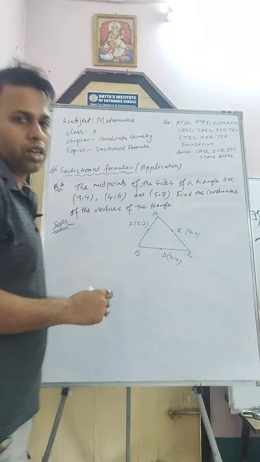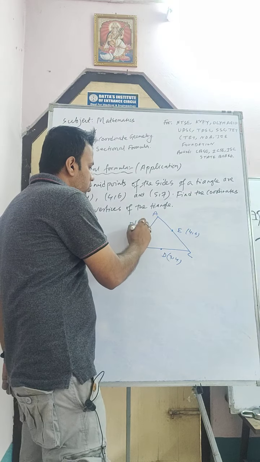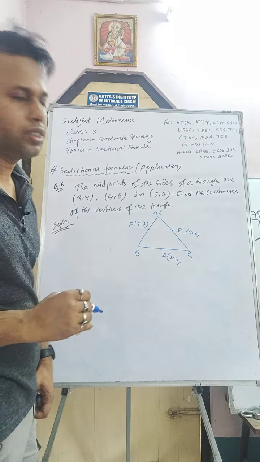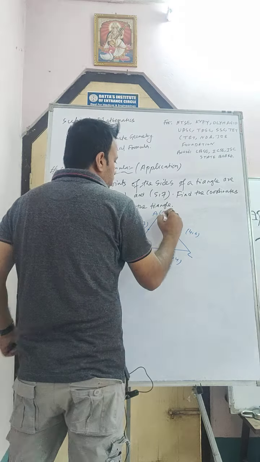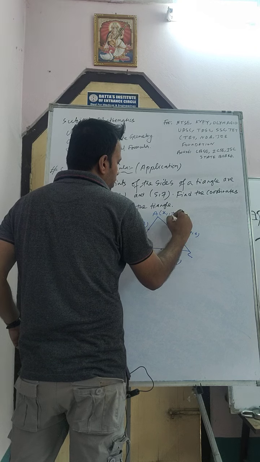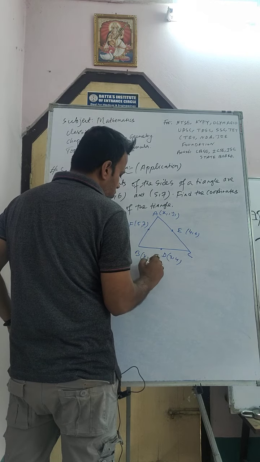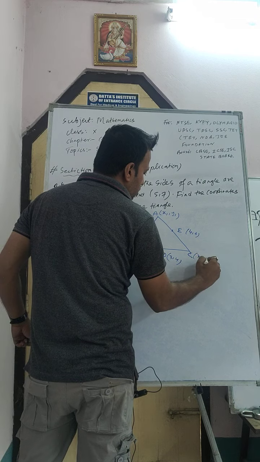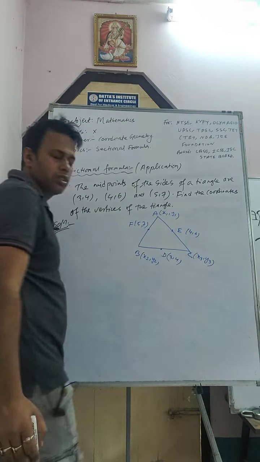Now we have to find out what A is, what B is, and what C is. So I consider vertex A is x1, y1, vertex B is x2 comma y2, and vertex C is x3 comma y3. Right?